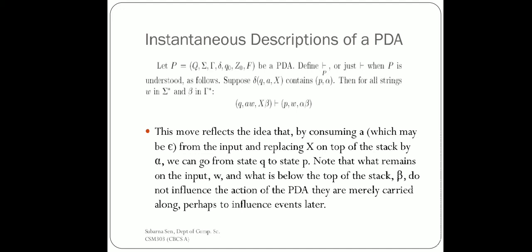Fine. Then for all strings w in sigma star, where sigma is the set of input symbols, any string will be a combination of whatever the content of sigma is. It may be null, that's why the star is given. And beta in tau star. Tau is the set of symbols which can be stored in the stack, the permissible symbols that we can store in the stack.